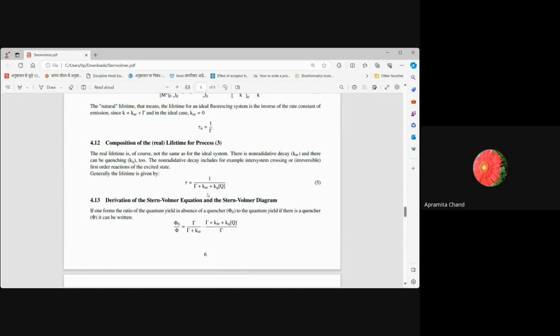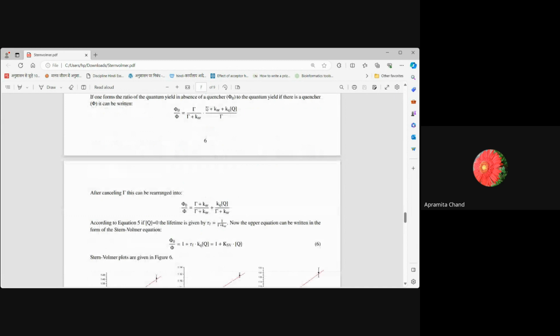That is your phi_0. If there is a quencher, phi is the rate constant of emission divided by all the rate constants: k_e plus k_nr plus k_q times Q. When you divide these, certain terms get cancelled.